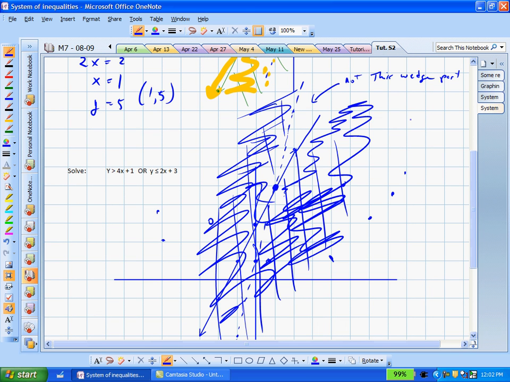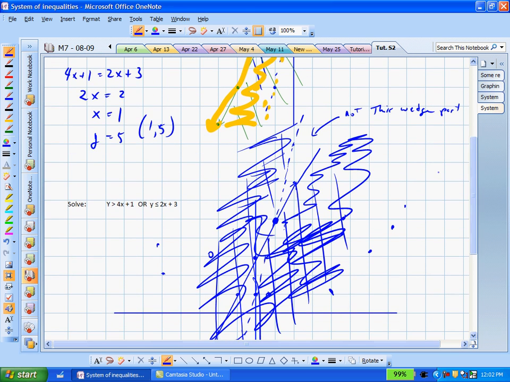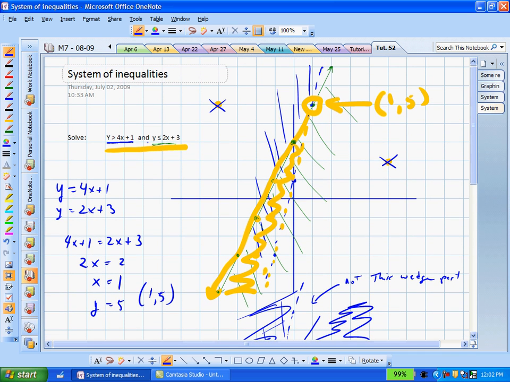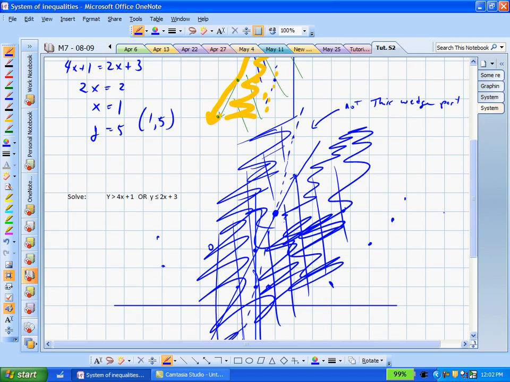Here, with inequalities, it's always an infinite set of points that work, whether it's an "and," where it has to satisfy both conditions, or it's an "or," satisfy one condition and you're in the solution set. Okay?